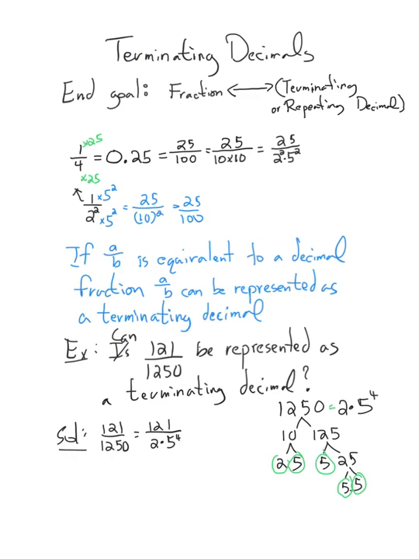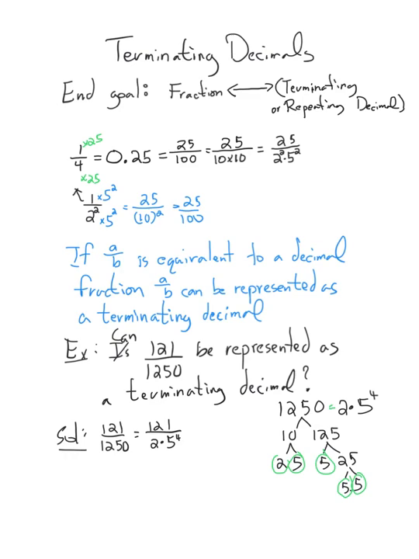So all we have to do is see if we can make it equivalent to a decimal fraction. So remember, 10 is 2 times 5. So we already have one 10 in here. Here it is here, one 2 and one 5. We have 3 other 5s that don't have a matching 2. But we can multiply top and bottom.